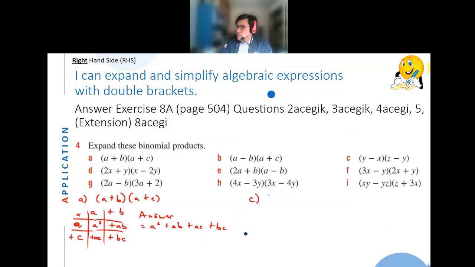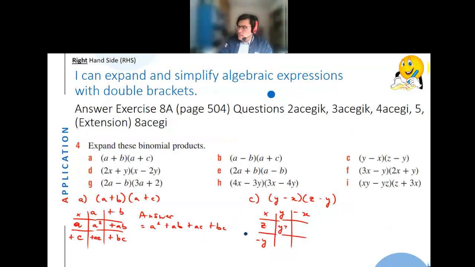All right. So next we've got C. Here we've got y minus x and z minus y. So y minus x at the top, z minus y down the side. So z times y, that's going to be yz.